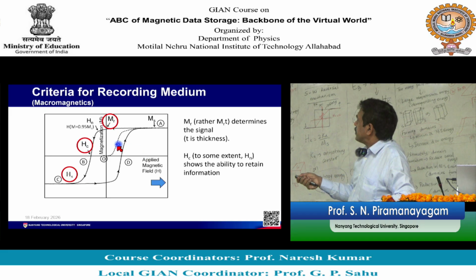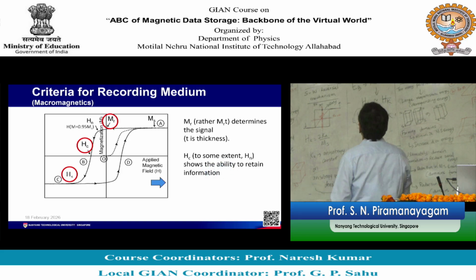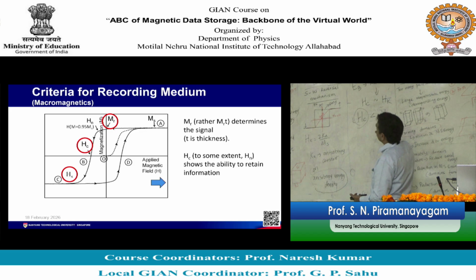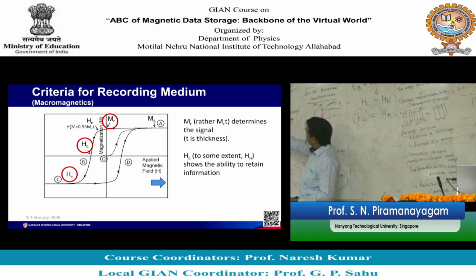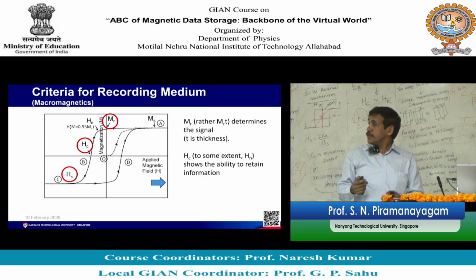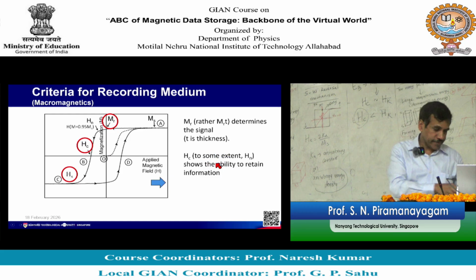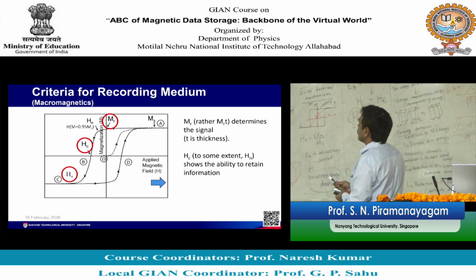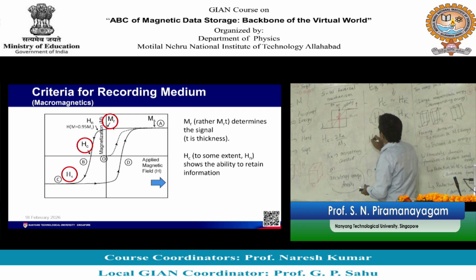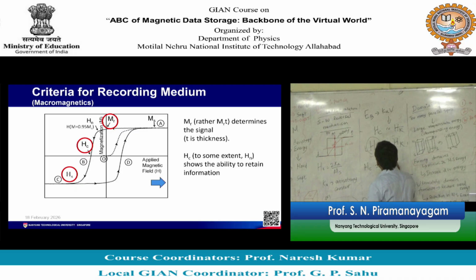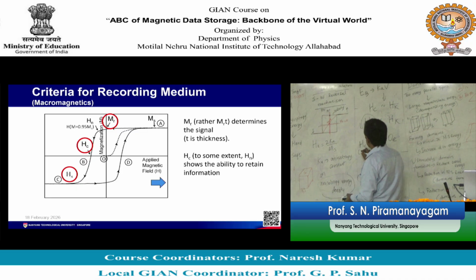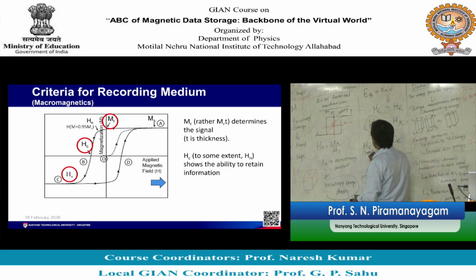Coercivity, to some extent, shows the ability to retain information. I told you that coercivity is related to HK, HK is related to KU, KUV and so on. Yesterday I also gave you some numbers. Magnetic tapes or credit cards have a coercivity of around 700 Oersted.